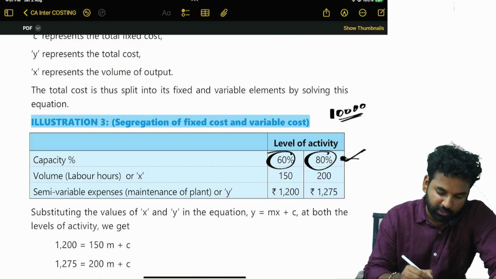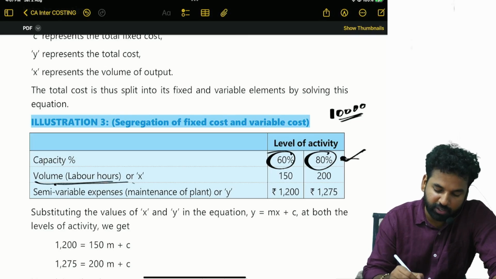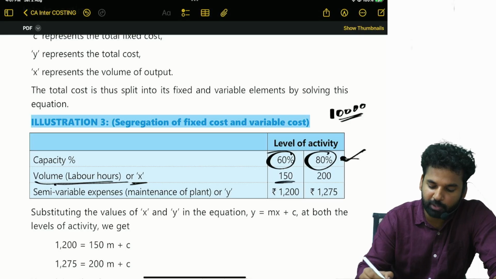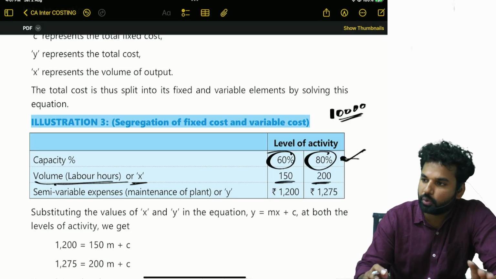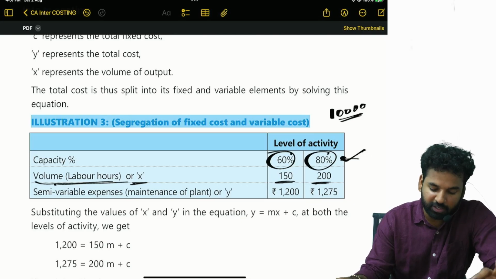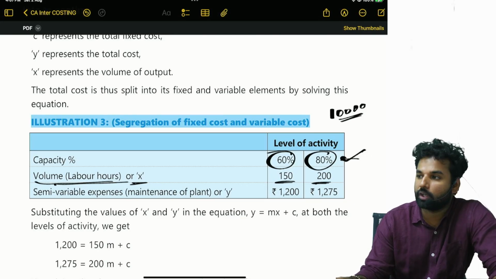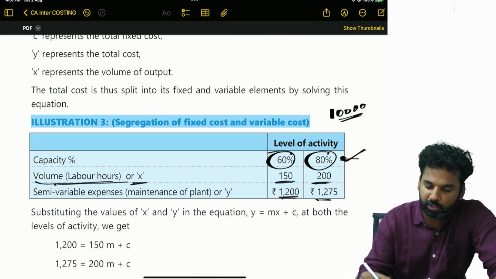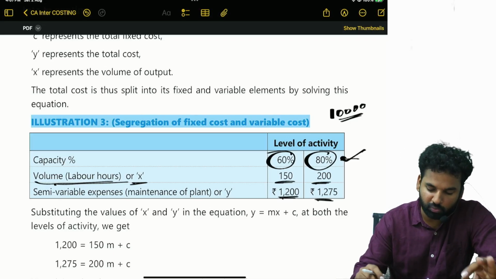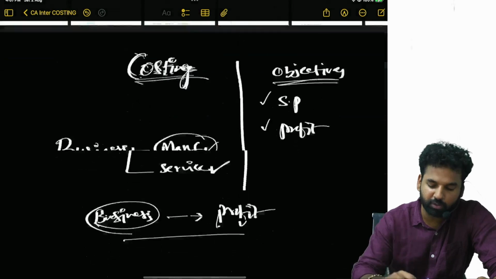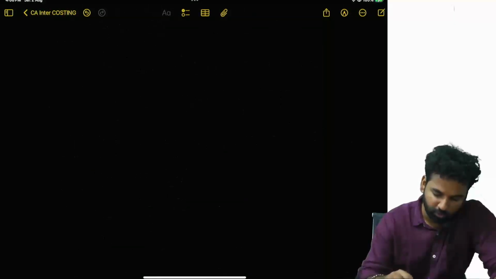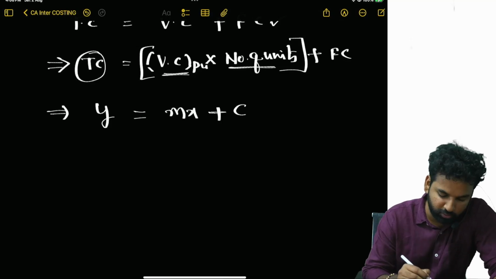There, the volume, labor hours or X, is 150 at 60% capacity and 200 at 80% capacity. Semi-variable expenses, that means total cost, is 1200 and 1275. So now we have to solve for variable cost and fixed cost. You just tell me, what are the values?